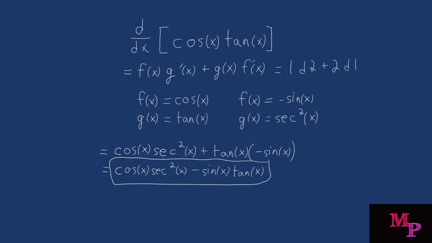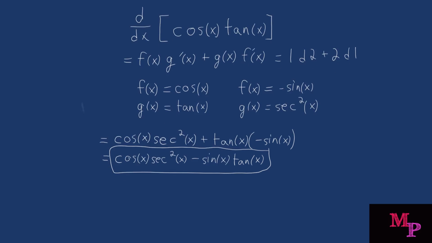And one of the reasons why I chose this example is to pretty much demonstrate that it's best to evaluate your given functions before you go ahead and use product rule. Because if you would have taken a second look at this, you would have realized that tangent is actually sine over cosine.